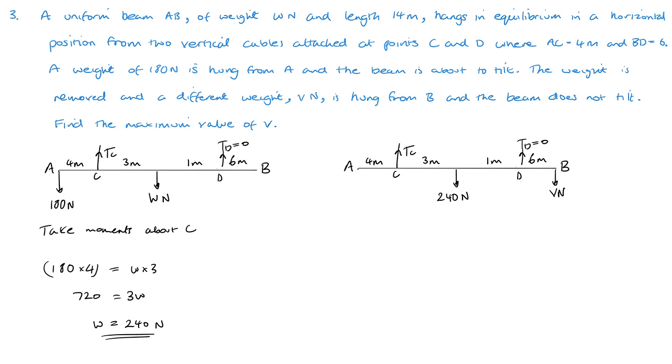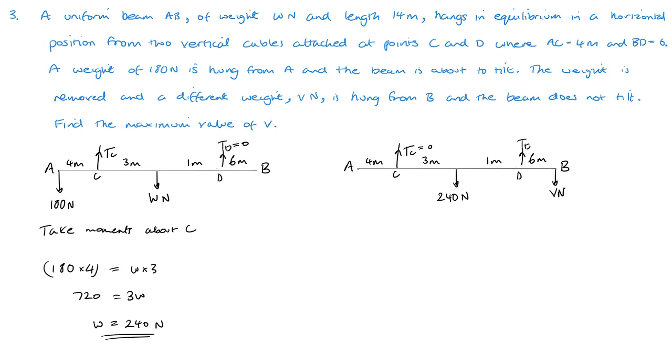So this is our scenario now, and this is no longer equal to 0 here. So the beam does not tilt. Find the maximum value of V. So let's assume that the beam is going to tilt. So it's going to be about D and C is going to disappear.